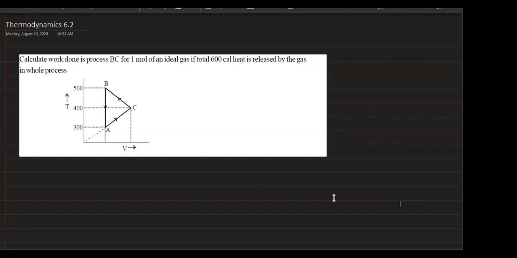My question is this: why delta U will be zero in cyclic process? As simple as that. Tell me. Jitendra, tell me. Can you answer? Okay, Srihari, I'm unmuting you. I've unmuted you.